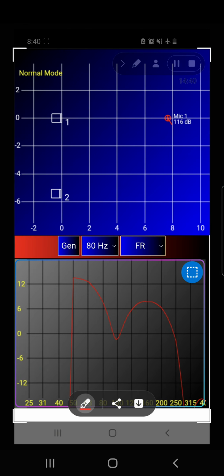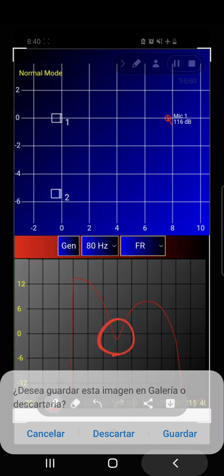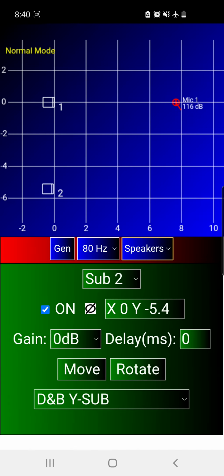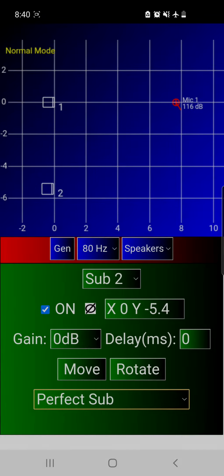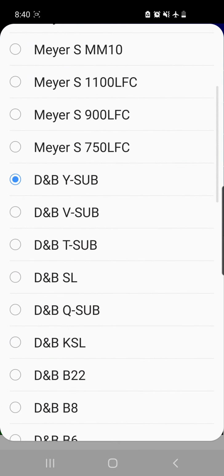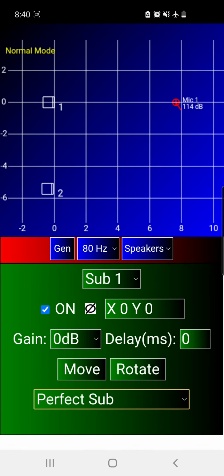See? 100 hertz. Not lucky. Okay? So that's the importance of the perfect sub. With the perfect sub, you will learn and understand better what will happen to any subs when they sum together.